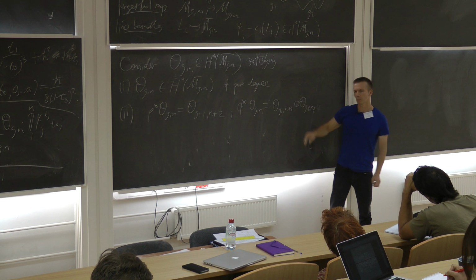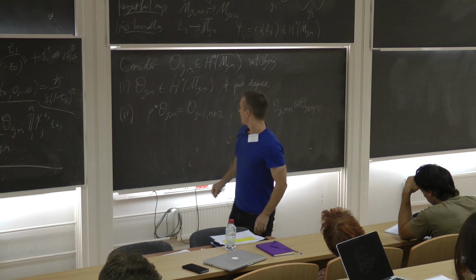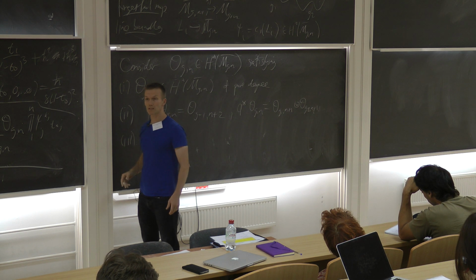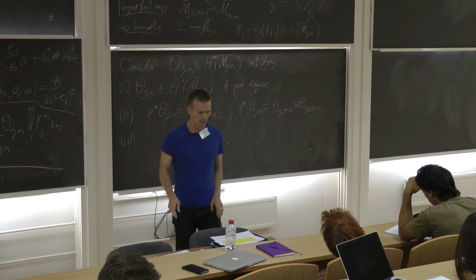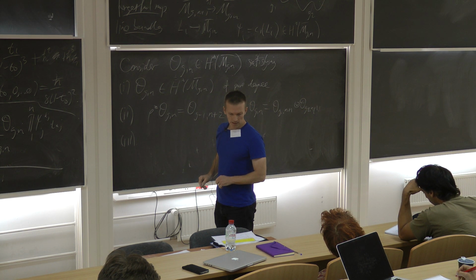I really mean I'm pulling these back from the projection maps, but that will do. Okay, and the third property, so the second property is the fundamental property. I simply want this class to restrict well. That's the fundamental property. Everything else I'm putting up here is extraneous to this second property.